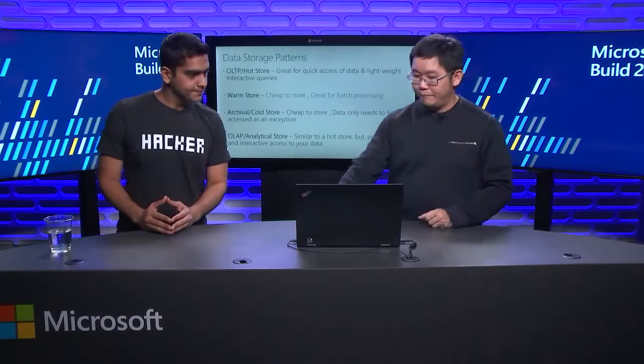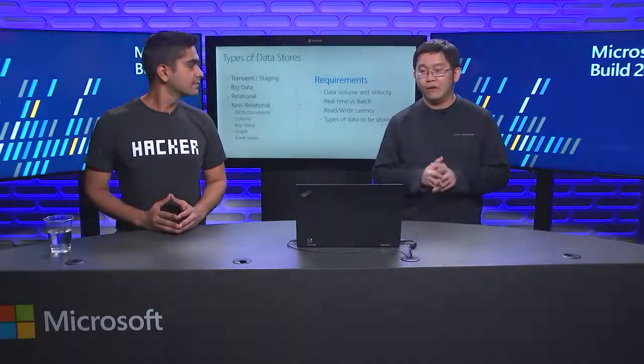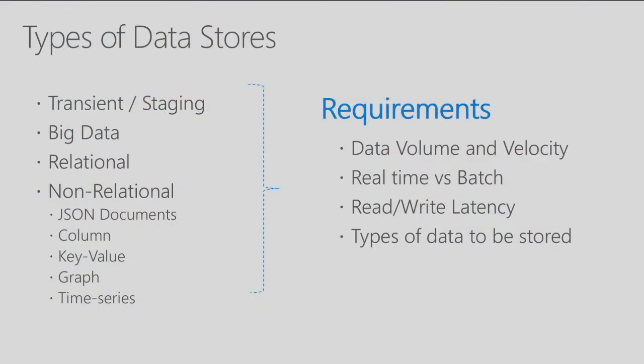Great. And the last piece I want to cover before we get into the solution patterns is the kinds of data stores out there. Today on Azure, you have all these kinds of stores available to you as managed services. This goes from data stores for transient or staging data, to big data processing, to relational stores that we are all familiar with and love and use to power the applications we're building, to non-relational stores as well.